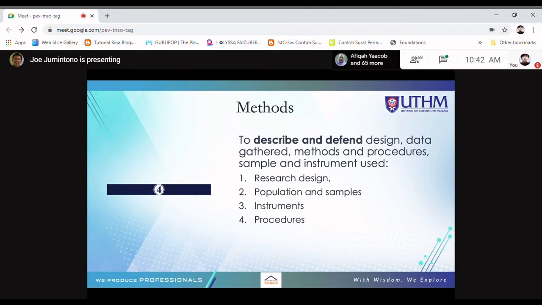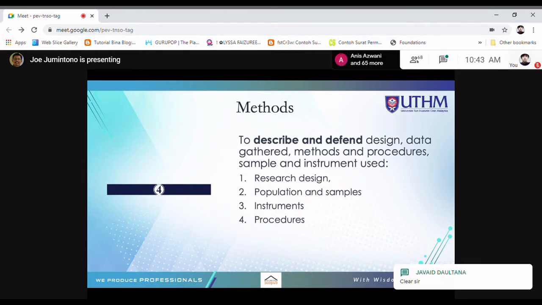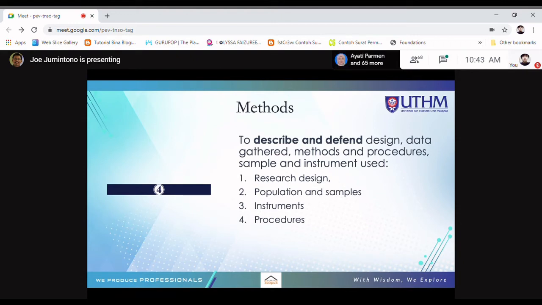Okay, continue to number 4, the methodology of the research, our methods. The method here is very, very easy, because we do not need to think anymore about the method, because we already did the research. So you just copy from the report of the research and paste it into the paper.